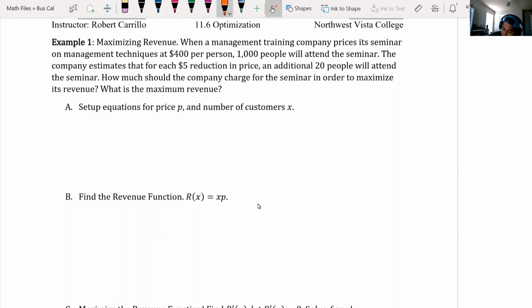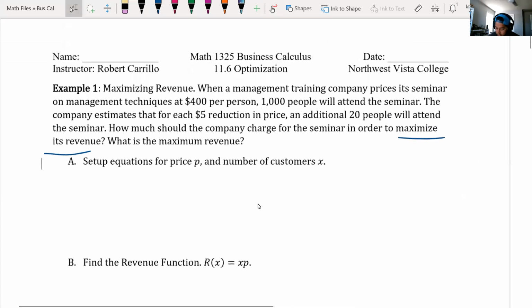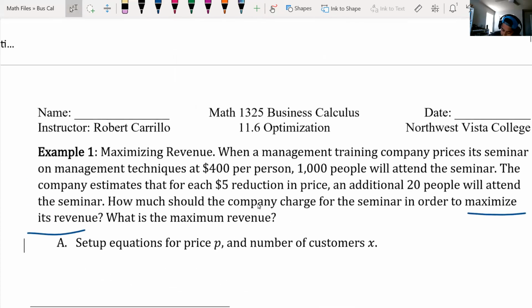So our goal here is to create a revenue function and maximize it. We're going to create the revenue function from the given information in the paragraph. So we have to set up an equation for price, and we have to set up an equation for the number of customers.